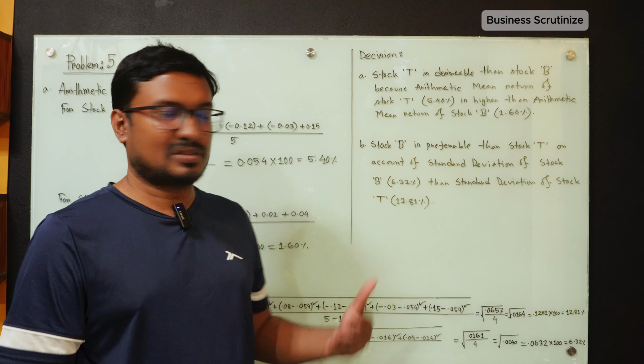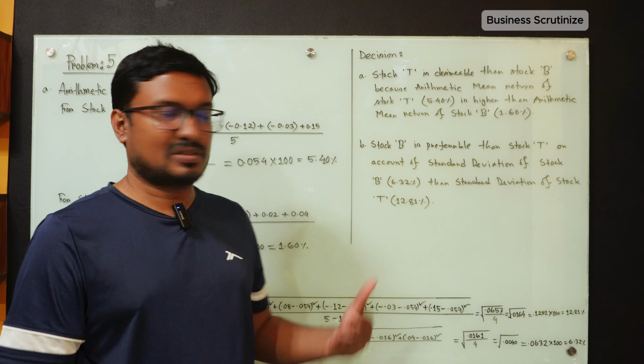Now we just have to input the data given in the problem. So we have the whole root of all the data. Here you can see 0.19 is the first year's return, and we have to subtract the mean return. For T the mean return is 0.054. Every time, for 5 years, we have to write the same average return or mean return.